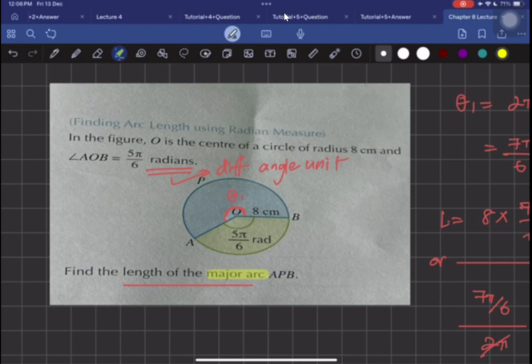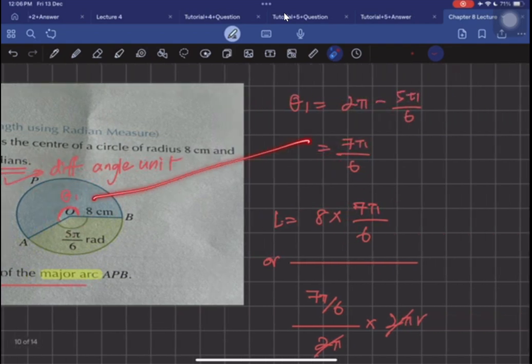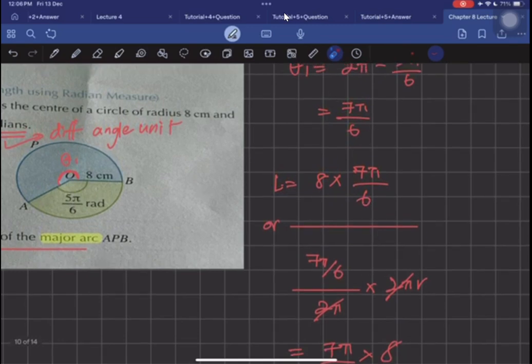Okay, so your first step is to find this angle, theta 1. Theta 1 is basically equal to 2 pi minus 5 pi over 6. So this gives 7 pi over 6. Your length is basically equal to r theta, so 8 times 7 pi over 6.